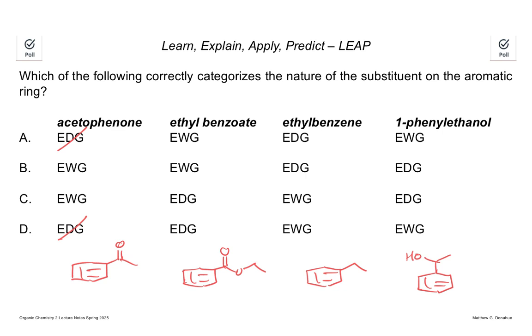But the similar thing is the carbonyl, right? If the carbonyl is electron withdrawing in the ketone, it has to be withdrawing in the ester. And so that would eliminate C. And then for the ethyl benzene and 1-phenylethanol, since they're both alkyl groups, they're donating through induction. The difference, again, is a change in oxidation state. So we would end up with B as the correct answer.